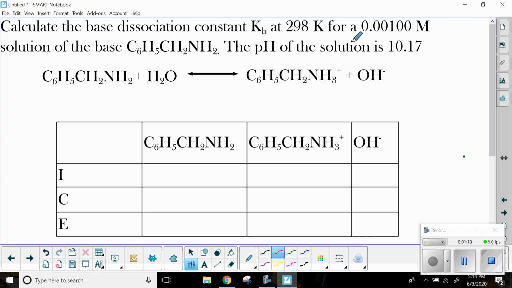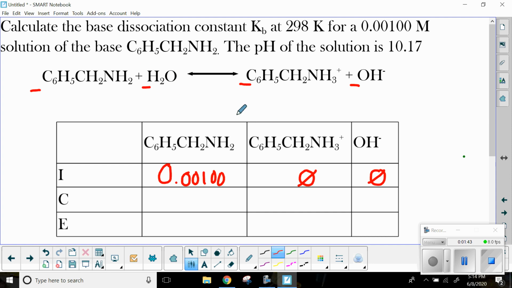So let's write in what we know. We are given a 1 times 10 to the negative third concentration of your phenylmethylamine. So I'm going to put that here, 0.00100. Initially, I'm going to have none of the conjugate acid, and none of the conjugate base. I also know that this is still a 1 to 1 to 1 to 1 ratio.